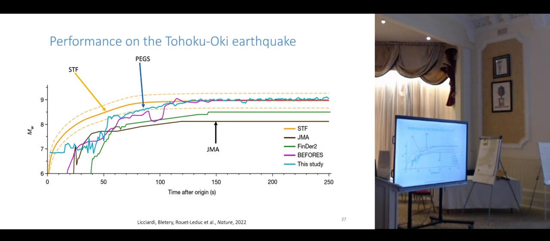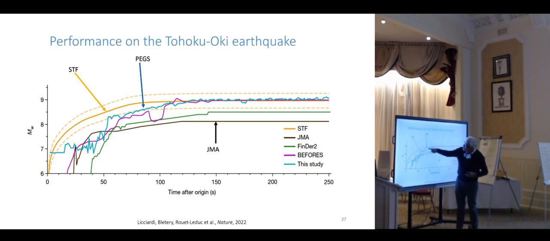And that's a real issue, because the magnitude determined from P waves was only slightly smaller than 8. And you can easily understand that when you have a magnitude 9, the tsunami was much larger than what was expected from this magnitude 8.